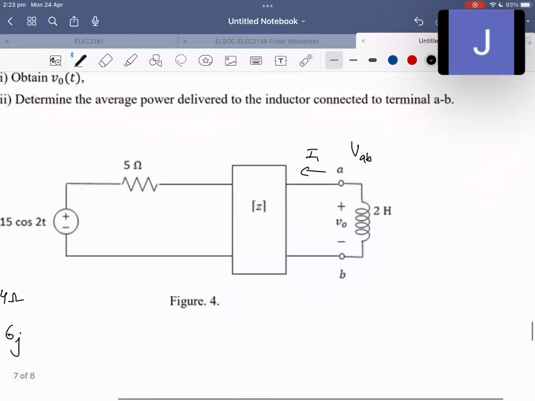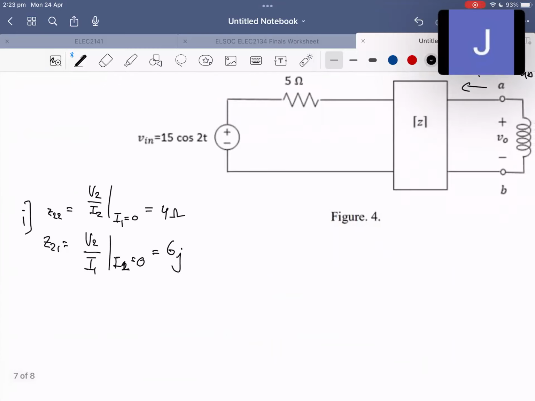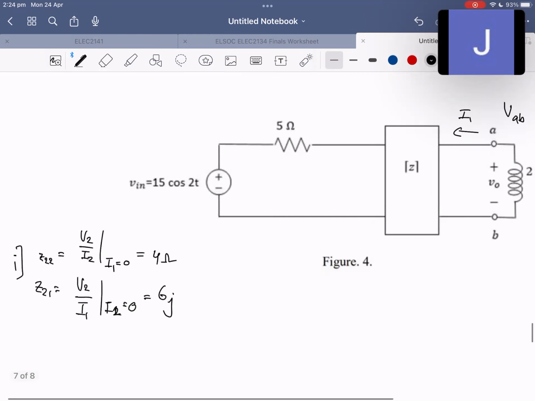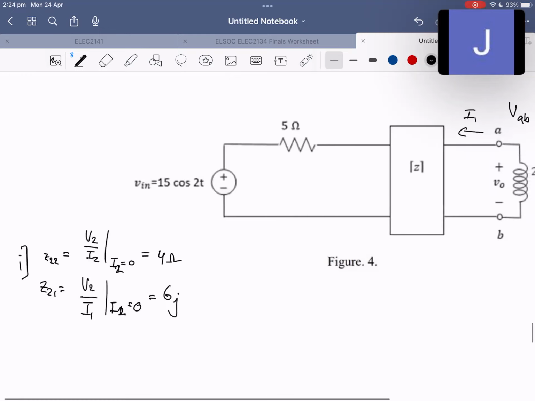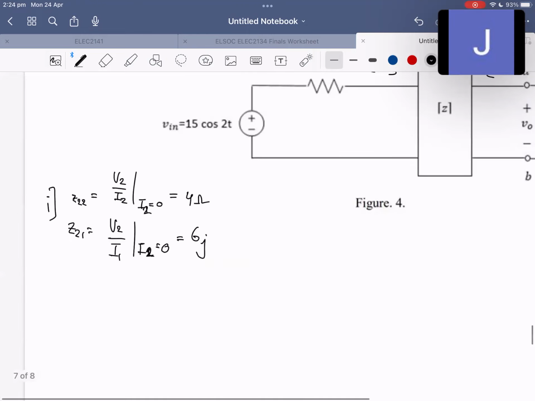Let me think about how I solved this question when I did it. So this is I2, this is I1.